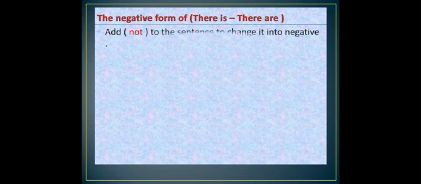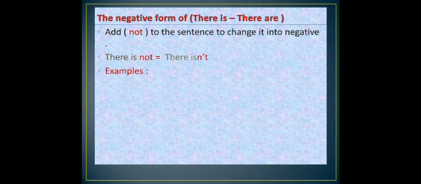The negative form of there is and there are. To say that something does not exist somewhere, we add not to the sentence to change it into negative. There is not, or you can say in the short form, there isn't.